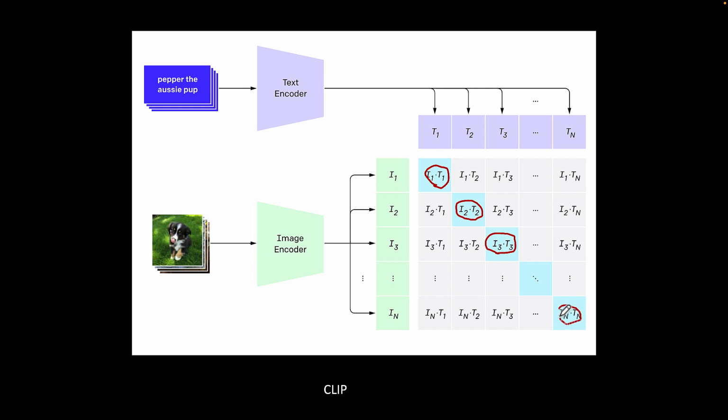So it maximizes this particular dot product, and at the same time minimizes these other ones which are not at all related, right? So we take an image-text pair as an input, and it maximizes the dot product of related image-text pairs and minimizes the dot product of other images and texts which are unrelated. And in the process, it learns to generate embeddings which are in a similar space.